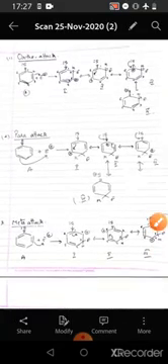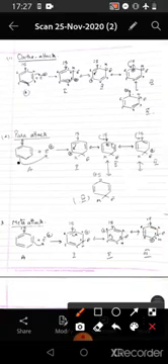In the para attack, the double bond here forms a covalent bond with the electrophile, and a positive charge is developed on the 5th carbon atom. By the migration of the double bond within the ring, the positive charge shifts from the 5th carbon to the 1st carbon to the 3rd carbon, and so these 3 isomers are formed.